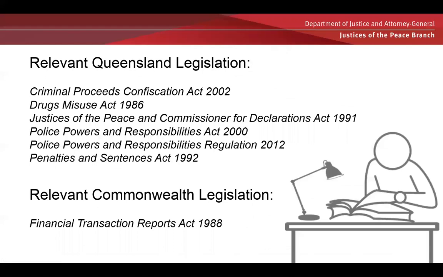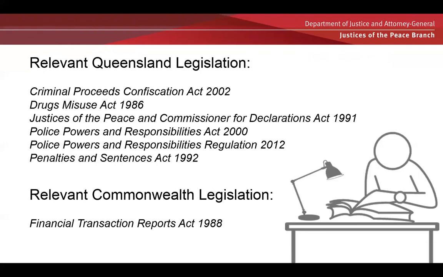When you are keeping records, please remember to keep them in a safe and secure place, limiting access to anyone else. The reason why it's good to keep records is that we may contact you from time to time just to confirm any documents that you may have witnessed. So further reading, if you would like to find out a little bit more about production notices or police powers or criminal offences, you can go online here.